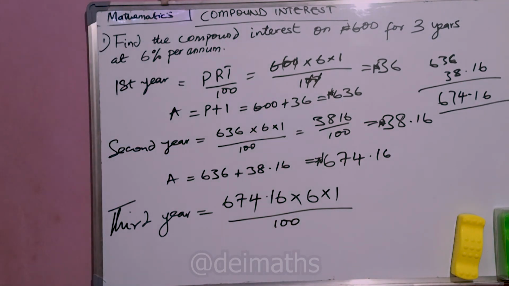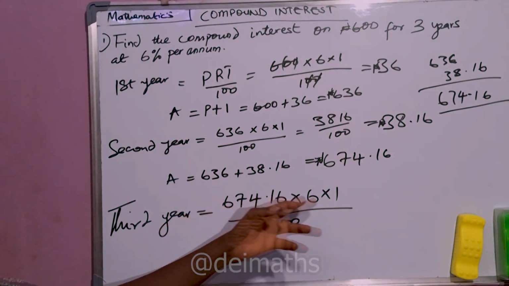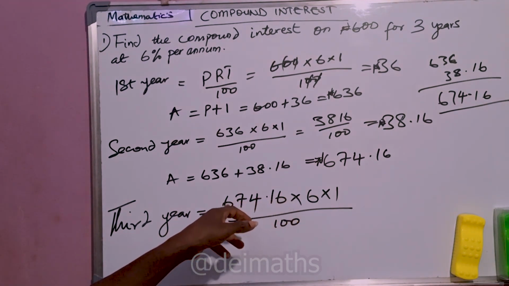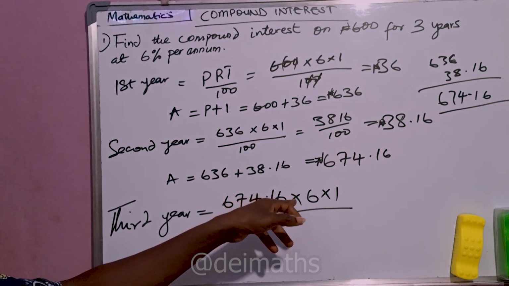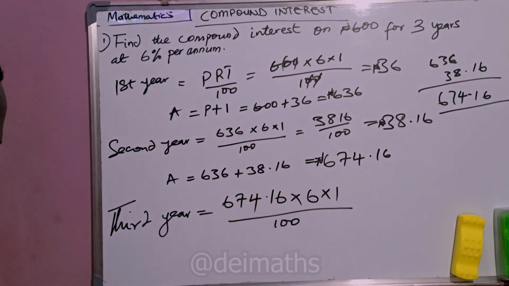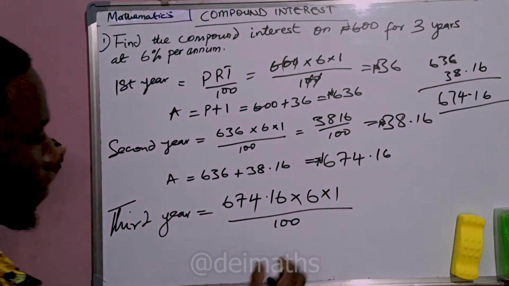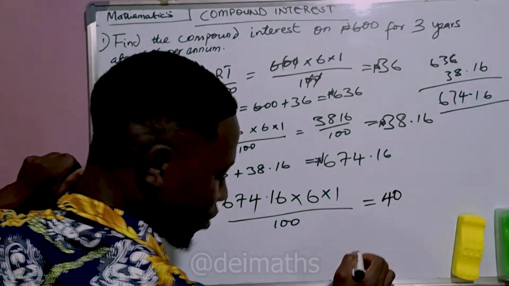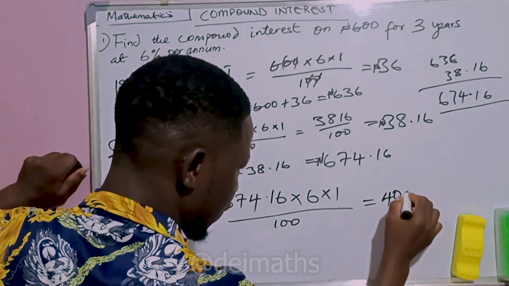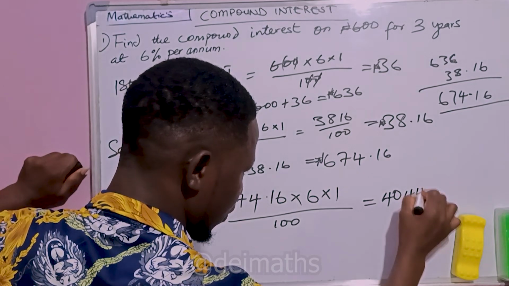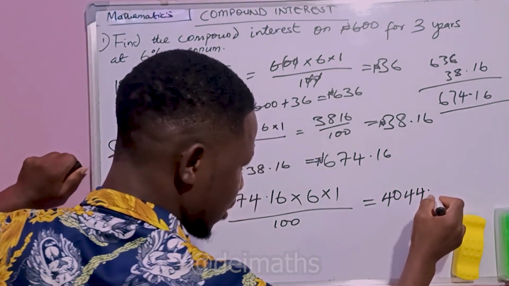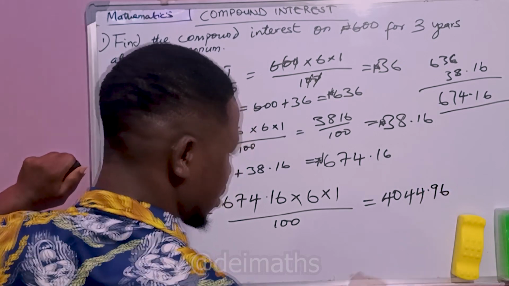So what we do, we multiply it out to know our interest. When we multiply 674.16 times 6 times 1, it will give us 4044.196.